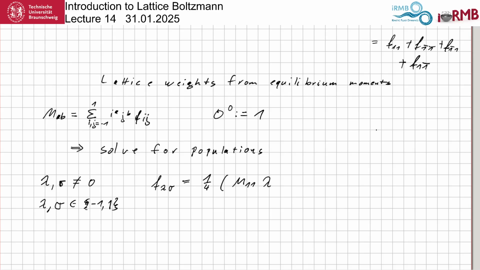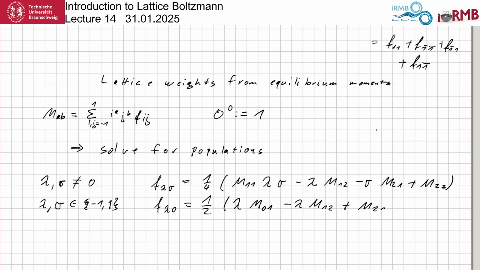And we have here lambda times sigma minus lambda M12 minus sigma M21 plus M22. Then we have the case that we have a population F lambda 0, which is 1/2 lambda M01 minus lambda, okay, I hope I'm not making any mistakes.